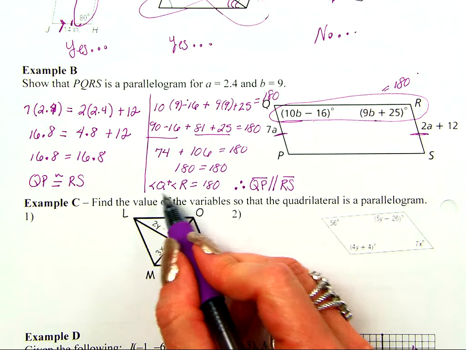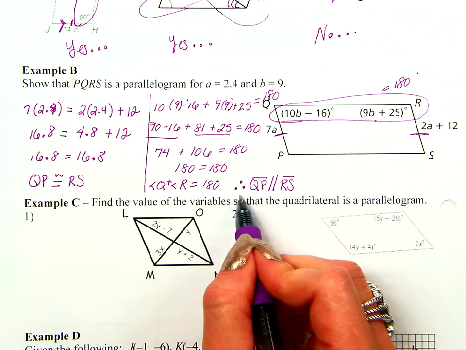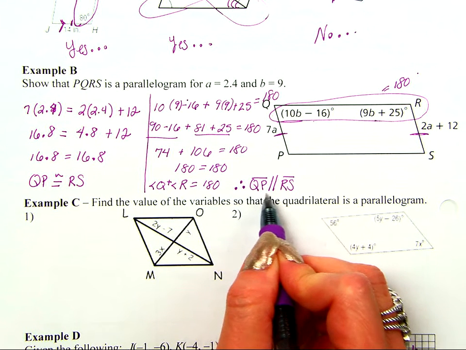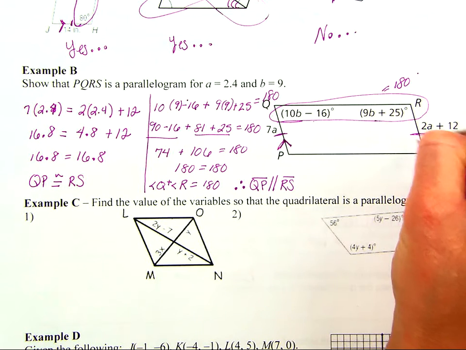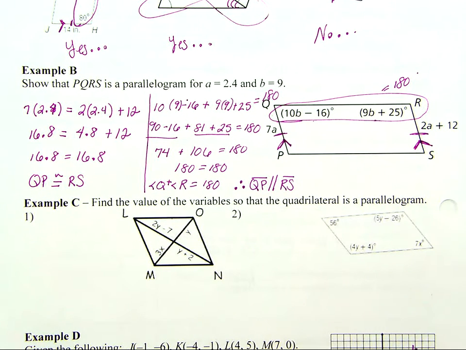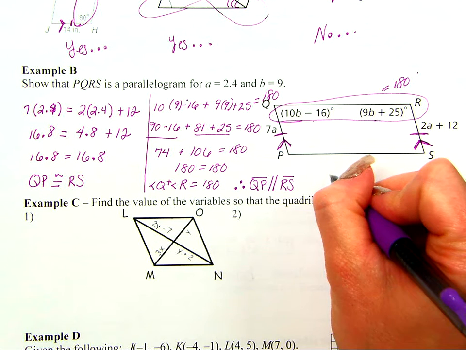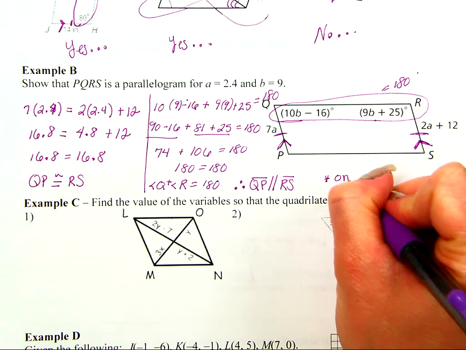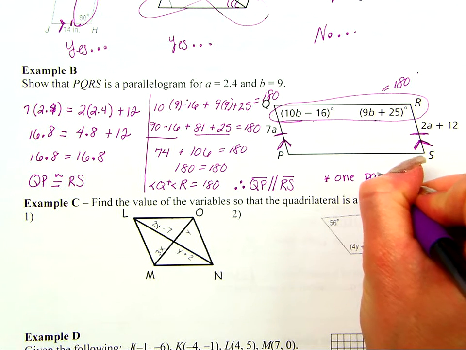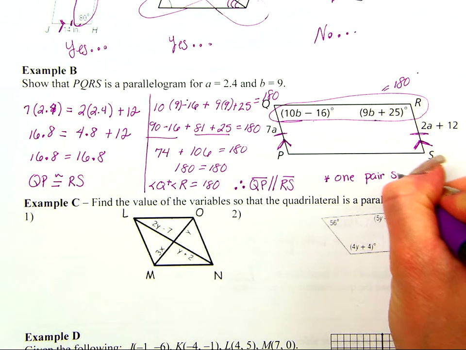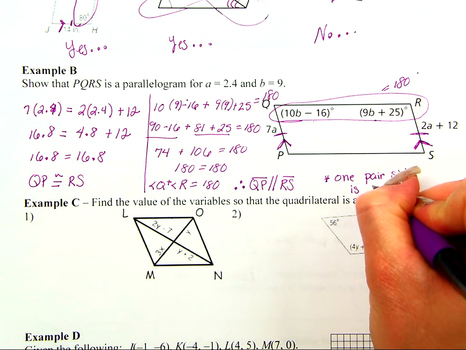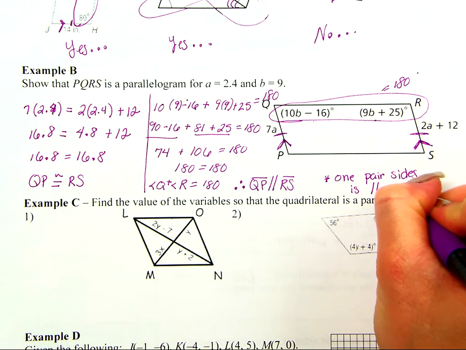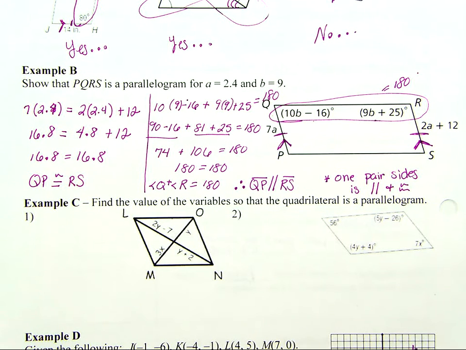So if angle Q plus angle R equals 180, therefore that shows QP is parallel to RS. How have I shown that I have a parallelogram? Well, we have shown that we have one pair of sides that is both parallel and congruent.